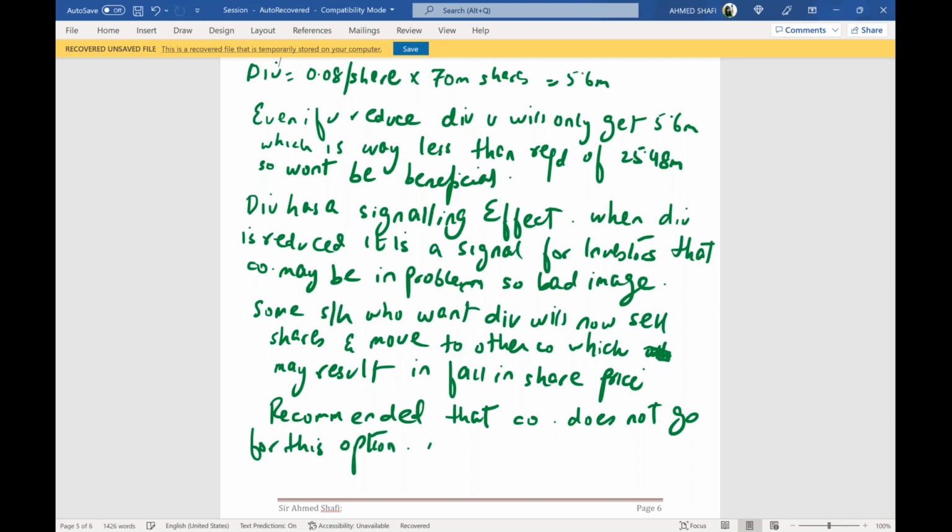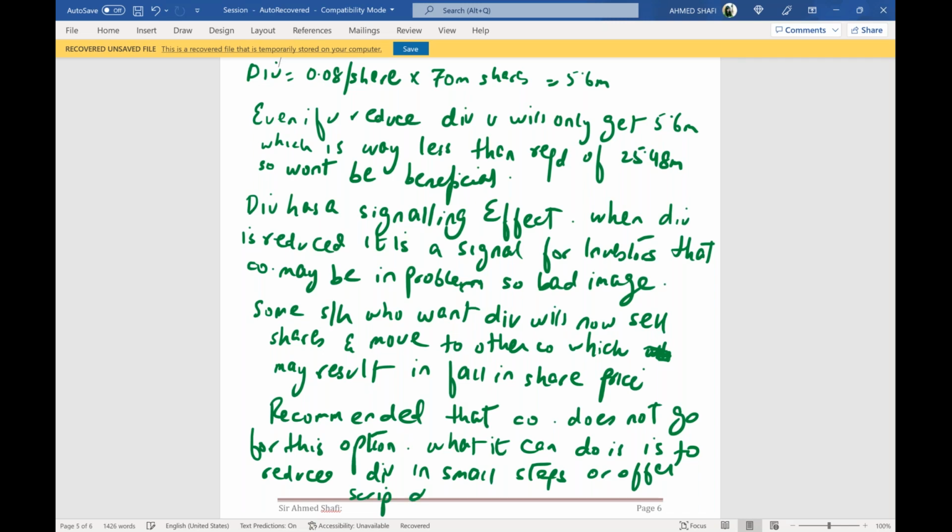What it can do is reduce dividend in small steps, not 0.08, but in small steps, or offer scrip dividend, where shares are offered as dividend, so investors won't be worried too much, but completely removing it will be worrisome. If you elaborate the 4 paragraphs a bit more, then you will definitely secure 5 to 6 marks.